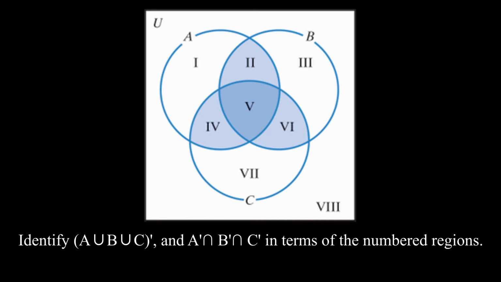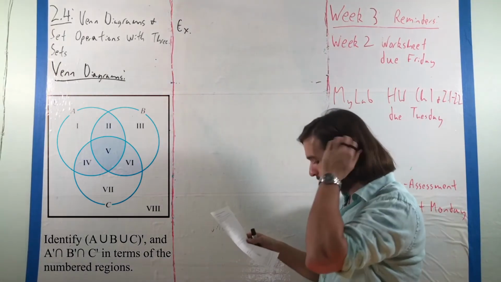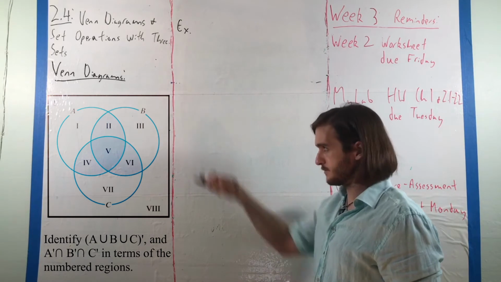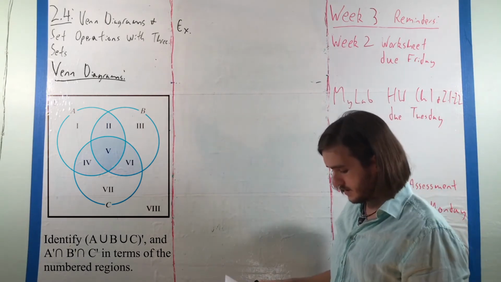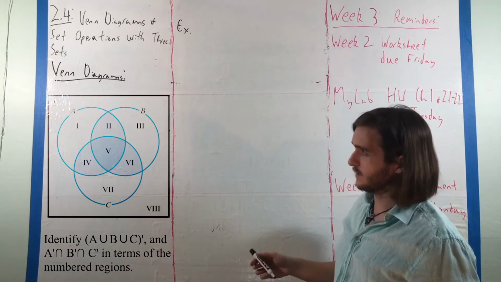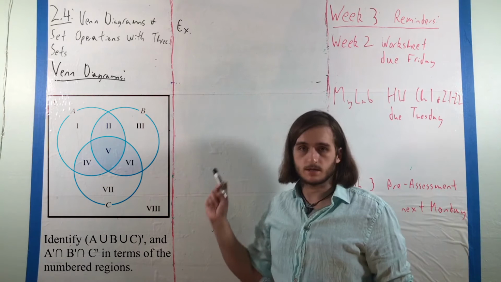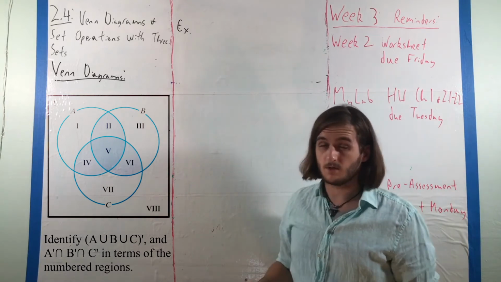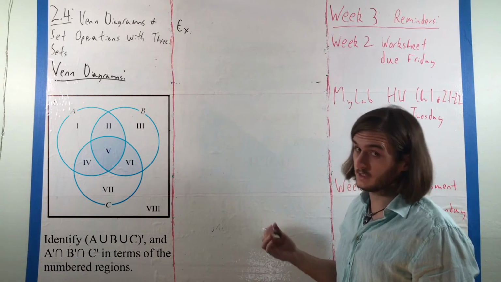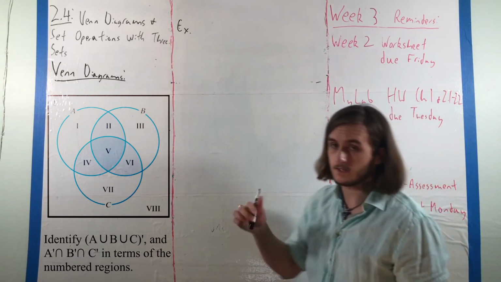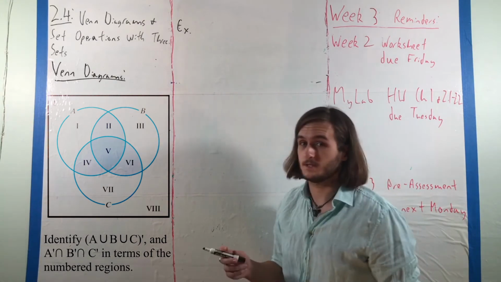So what we want to do here is dig through what that picture actually tells us in terms of the regions, where if we want to find A union B union C on that, what we're looking at is essentially the overlap of all of our circles all put together. So that would be every region except for 8, obviously, because 8's what's outside. And then because we're looking at a complement, we want what's outside.